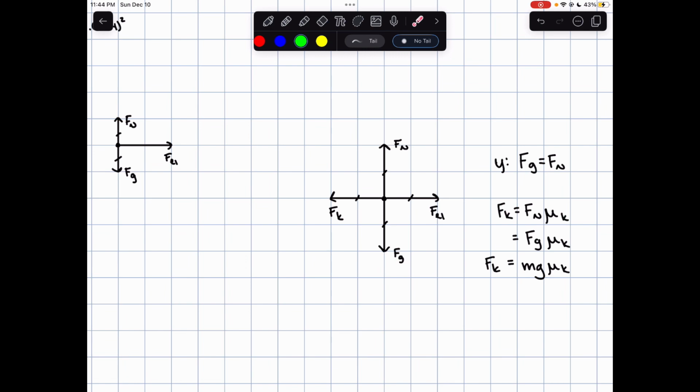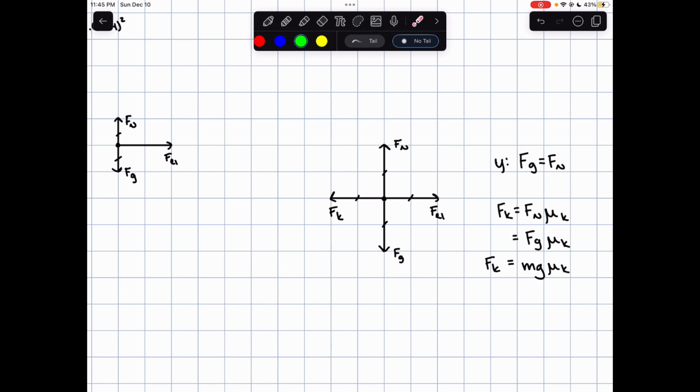Next, we can use our equation for kinetic friction, which is Fk is equal to the normal force times the coefficient of kinetic friction. Then, for the normal force, we can substitute in Fg and make it Fg times the coefficient of kinetic friction is equal to the frictional force.